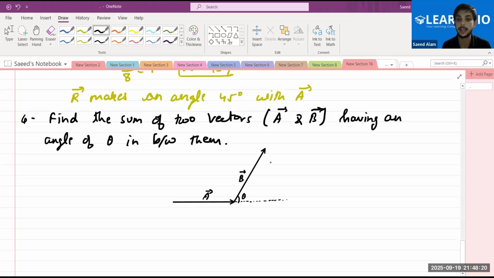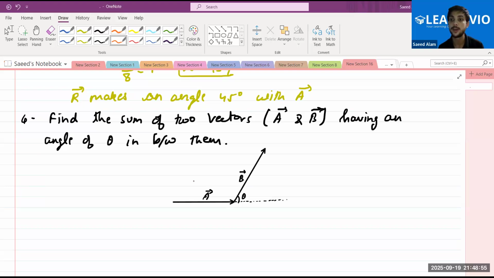So we'll do the same thing: we were dividing B into two parts, one along A and one perpendicular to A. The reason is that if vectors are parallel or anti-parallel, I can simply add or subtract them.